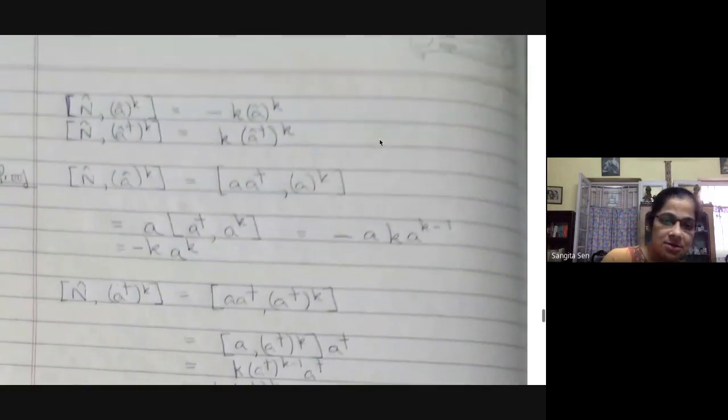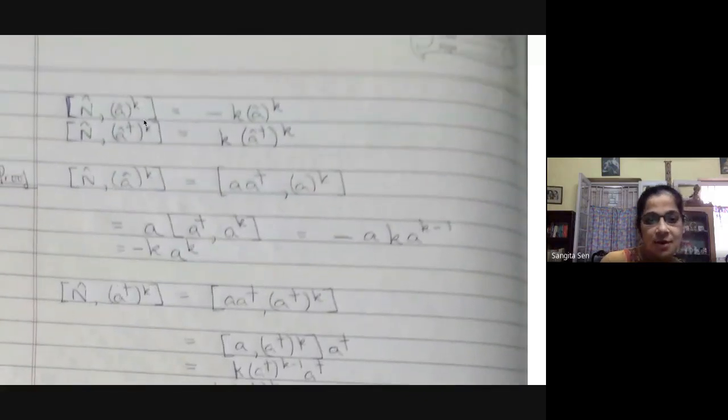Okay. And you can again take it a bit further. So if you have a string of annihilation operators, so K annihilation operators one after the other, then the commutator gives me minus K, and you get back whatever was inside the commutator.